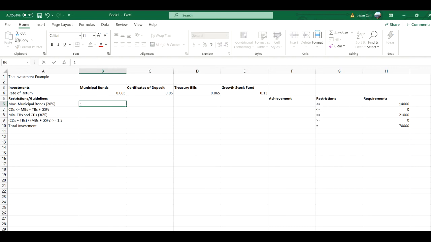The next one, certificates of deposit, Treasury bills, growth stock fund. And our final goal is total return.